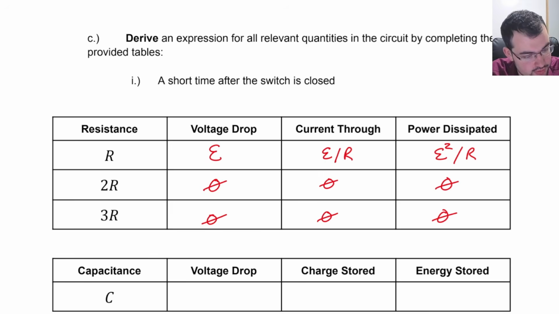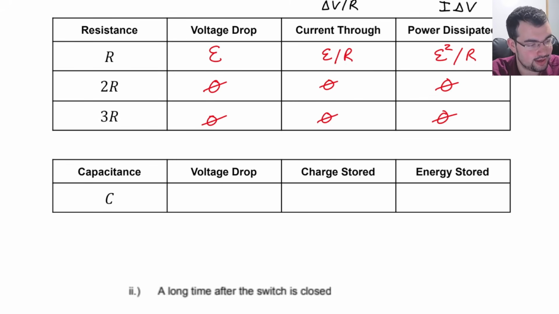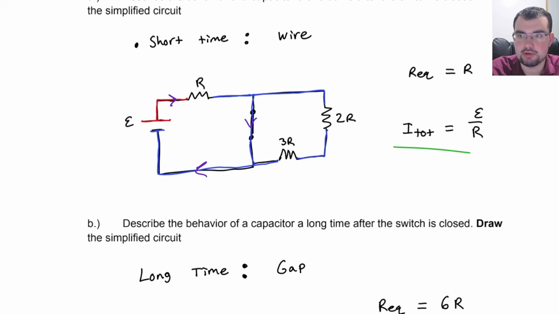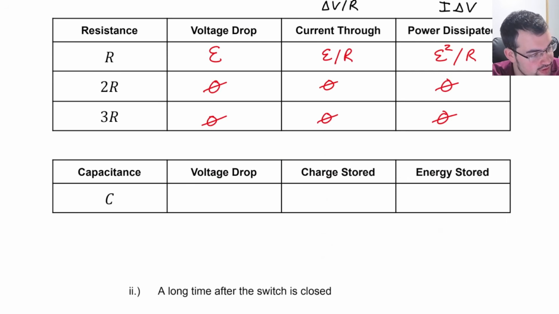I'm going to use delta V over R for current, and then power dissipated is I delta V. No 1/2 for resistors. Now for the capacitance: it was not charged. So there's no charge on it, which means there's no potential difference and there's no energy stored.